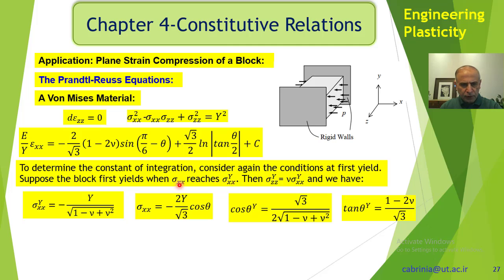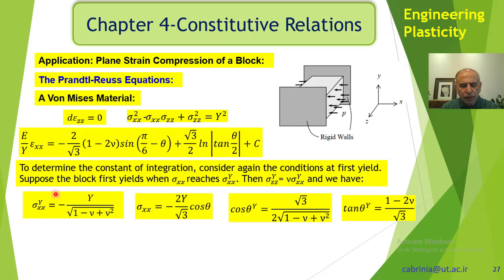Okay, that's a general state of stress, so we put theta here, but that's a specific state of stress which is yield stress, so the corresponding value for theta is this. And therefore sigma xxy is equal to this, so sigma xx is equal to minus 2y over root 3 cos theta.